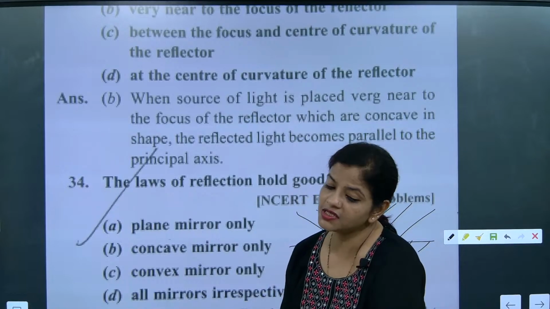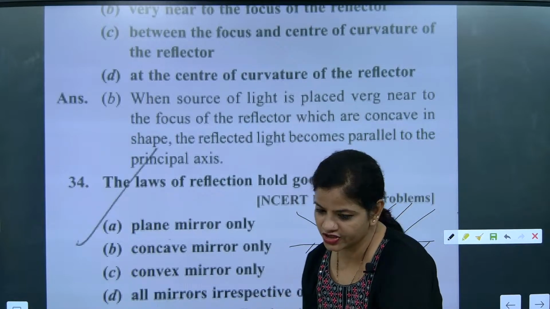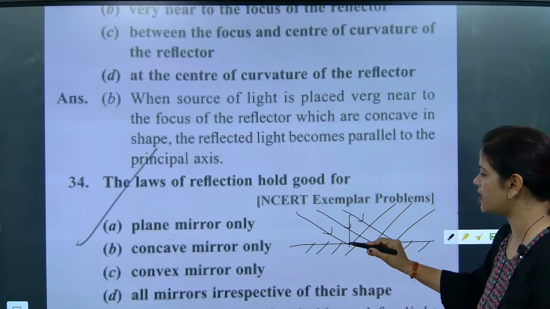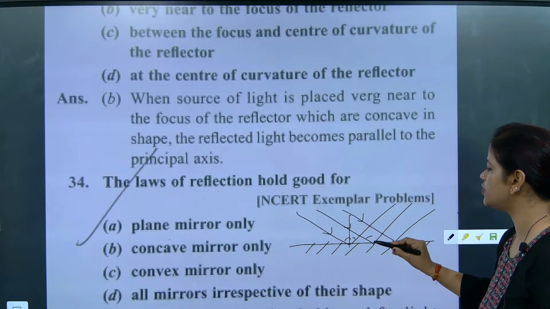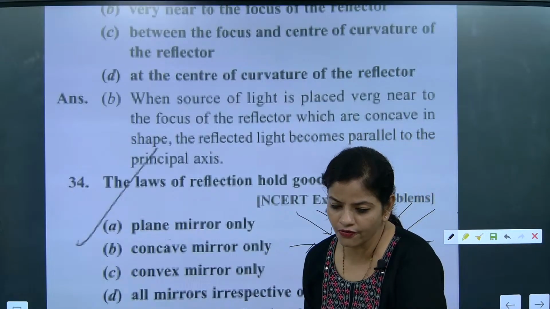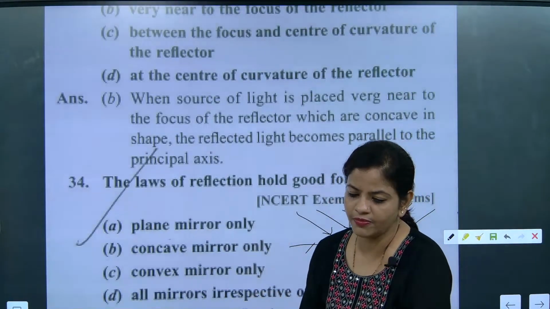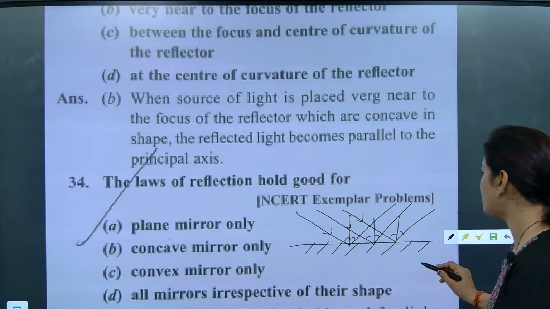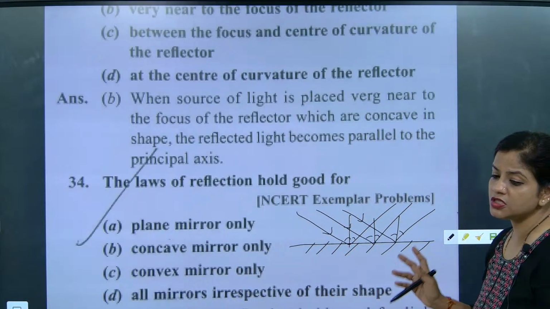Angle of incidence is equal to angle of reflection. Correct? These rays will have a normal here. So every ray will follow the law of reflection. Whatever angle they make at incidence, the same angle they make for reflection. That part we already know. So this is a smooth surface.